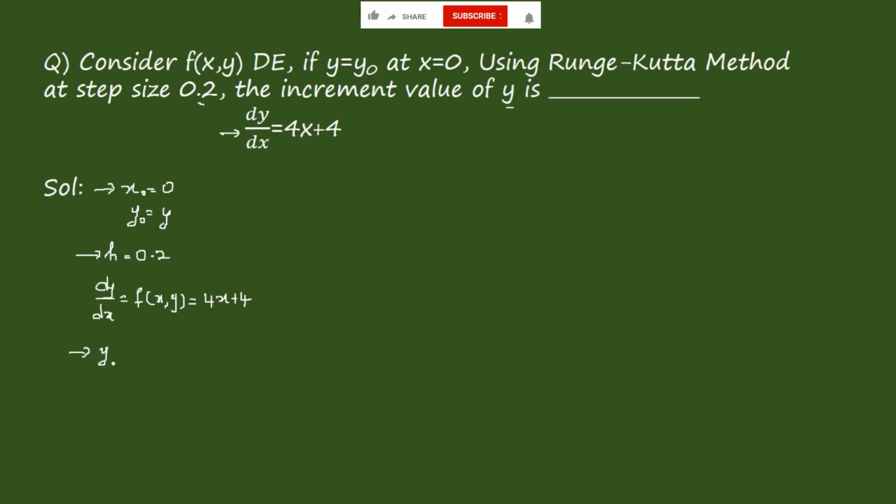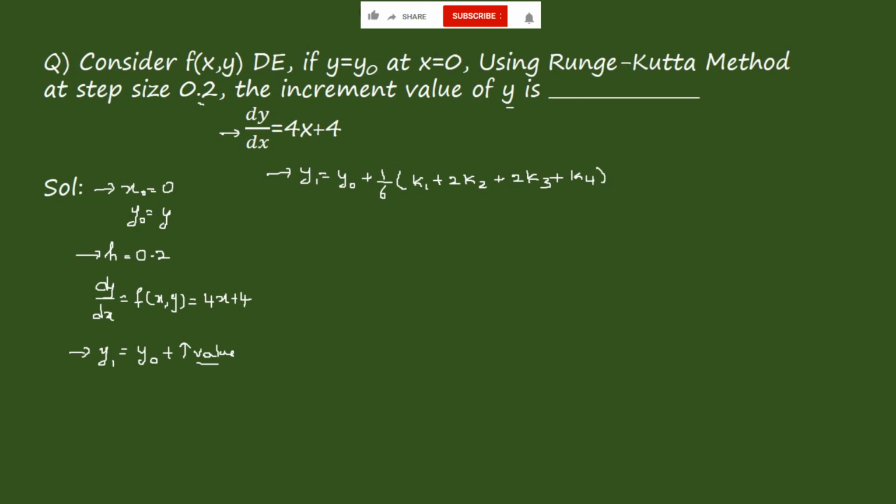So y1 will be equal to y naught plus some incremental value. We have to find this particular value. The general formula we know by the Runge-Kutta method is y1 is equal to y naught plus 1 by 6 into (k1 plus 2 times k2 plus 2 times k3 plus k4).